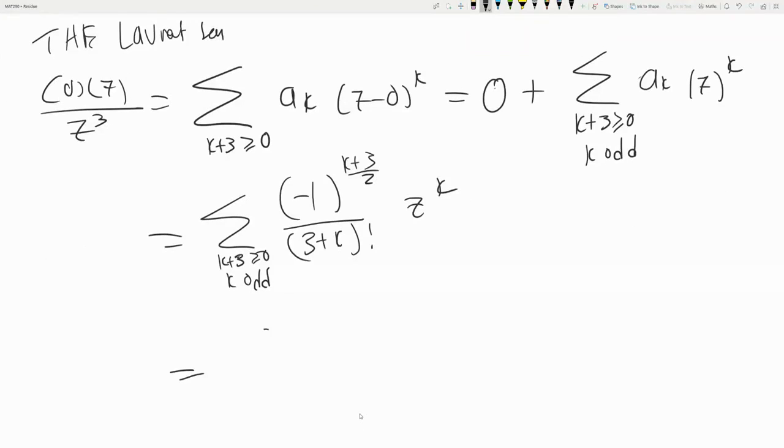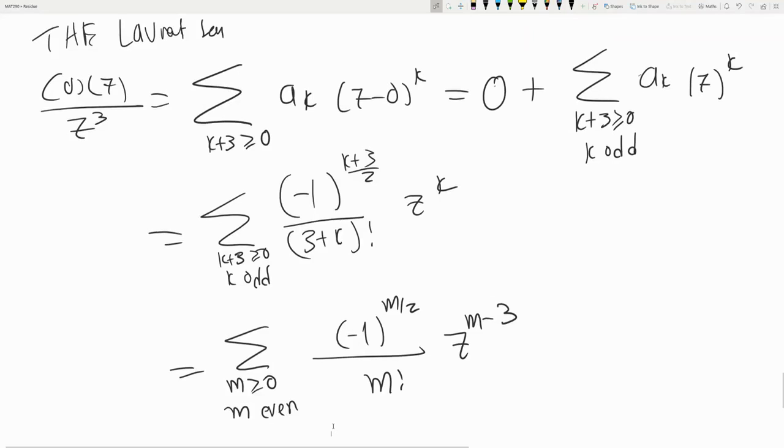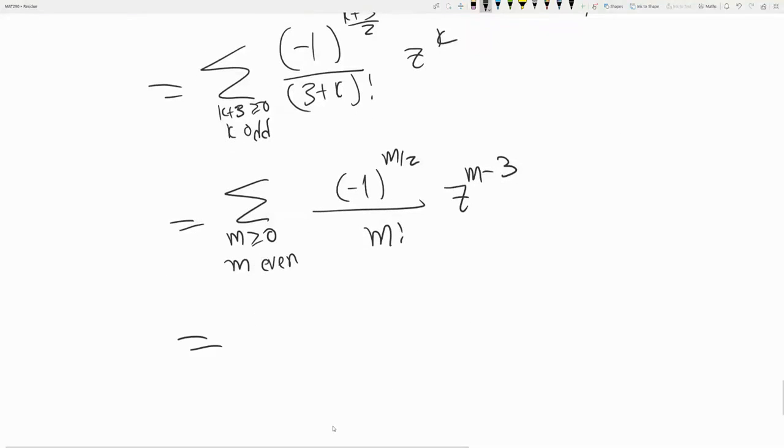So what's a cleaner form? You can do a change of variables. So this is minus 1 to the m over 2, m factorial, z to the minus m minus 3. But anyhow, let's write down the first few terms. If you put m equal to 0, you get 1 over z cubed.